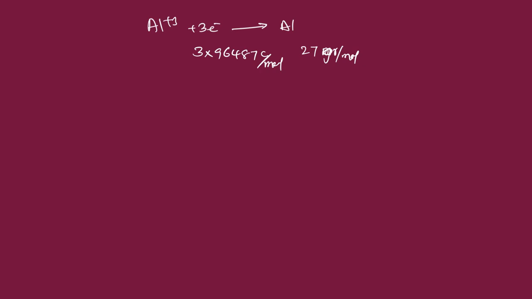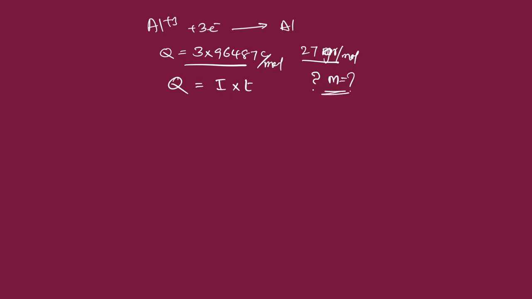Now, if they ask how much mass will be deposited, then what is required? Charge, which is nothing but Q. For this charge Q, which is equal to I into T, this much is deposited.